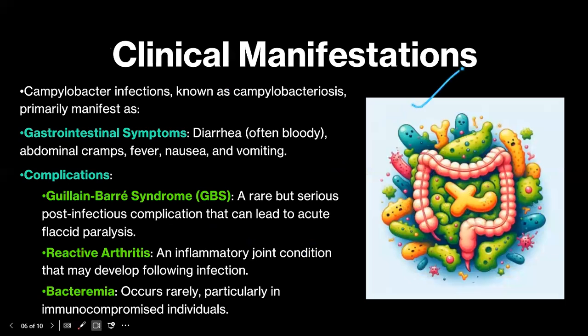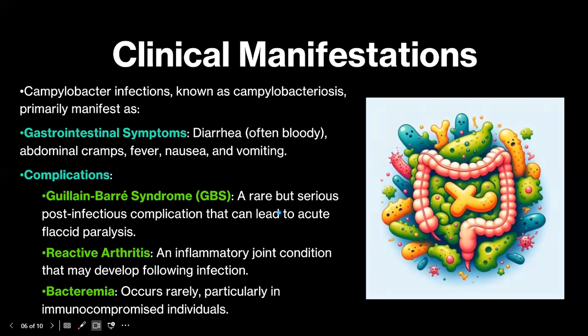Next, we will look at the manifestations. Campylobacter infections, also known as campylobacteriosis, most commonly cause GIT symptoms like diarrhea, often bloody diarrhea, abdominal cramps, fever, nausea, and vomiting. That is the most important one. Complicated manifestations include Guillain-Barré syndrome.